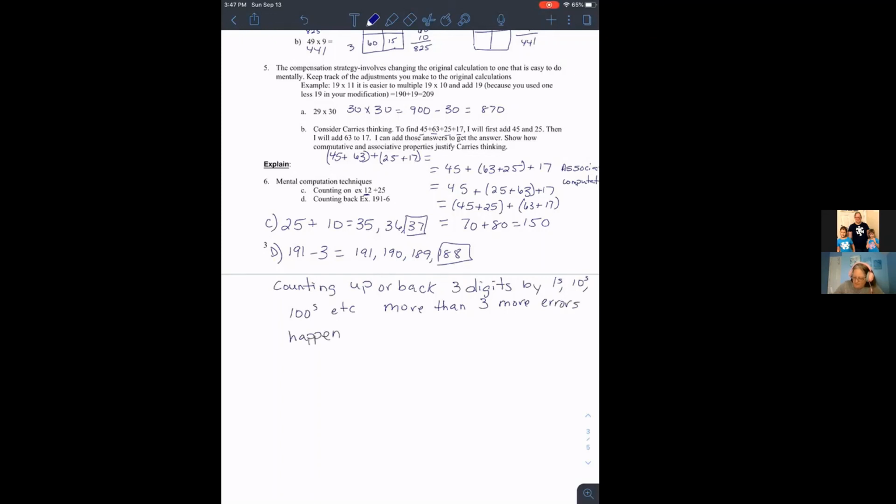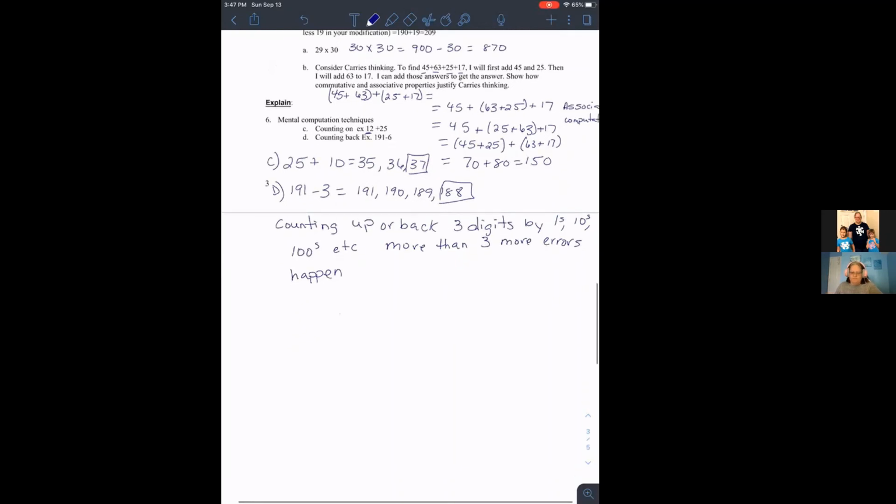So if you're counting forward or back, it's easy to count to 1, 2, then 3, but once you get past that third spot, there's more chance of miscounting and miscalculating. So that's why the technique is only done by 3s.